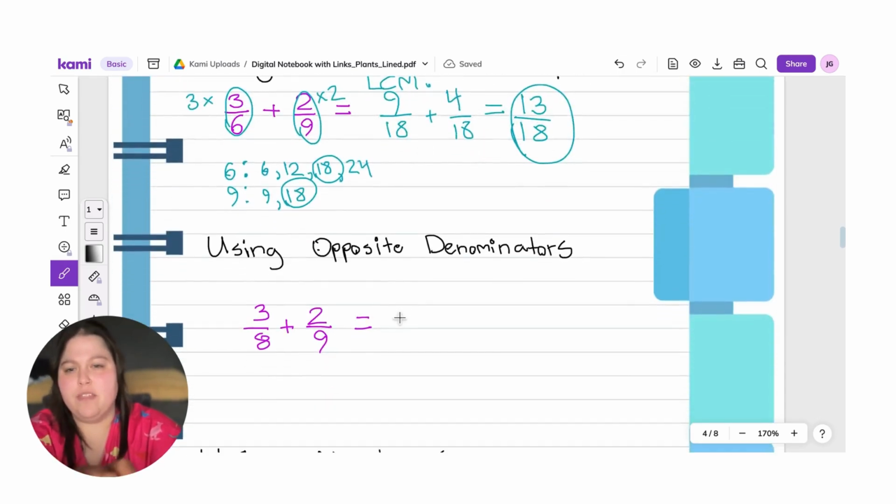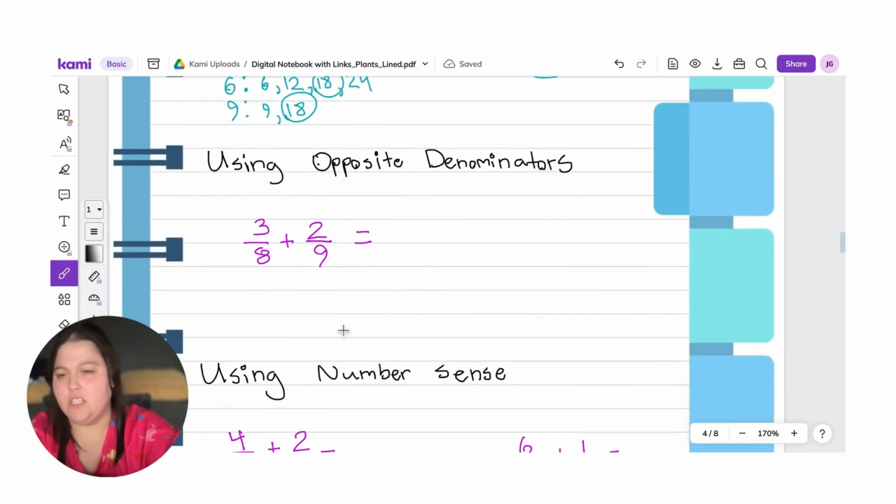So another method that I can use, if maybe it's taking me a really long time to skip count, or maybe I just really don't want to skip count, is to multiply each fraction by the opposite denominator, or the other denominator. In this example, we have 3 over 8 plus 2 over 9.